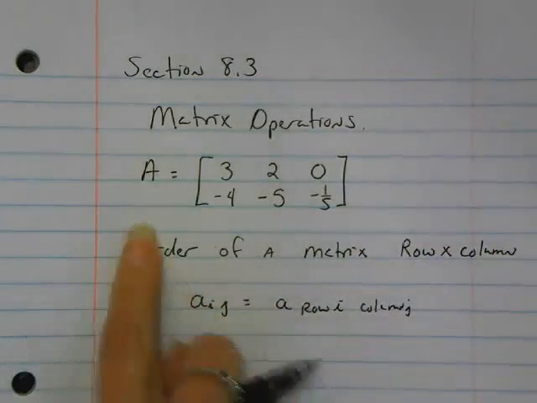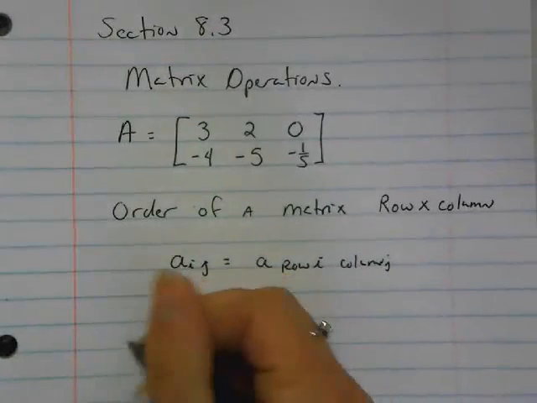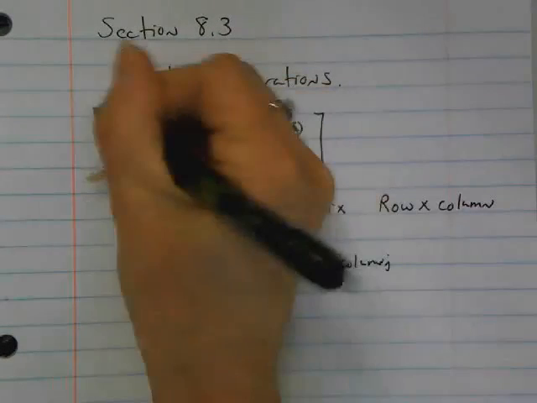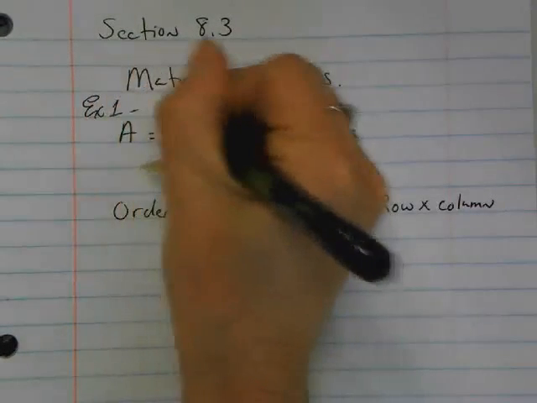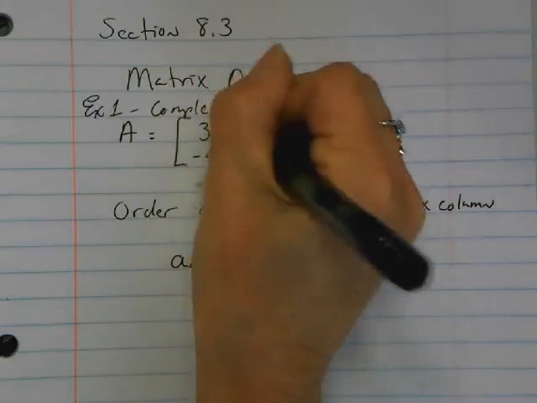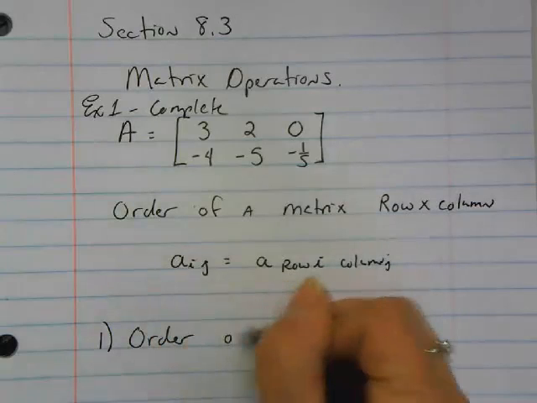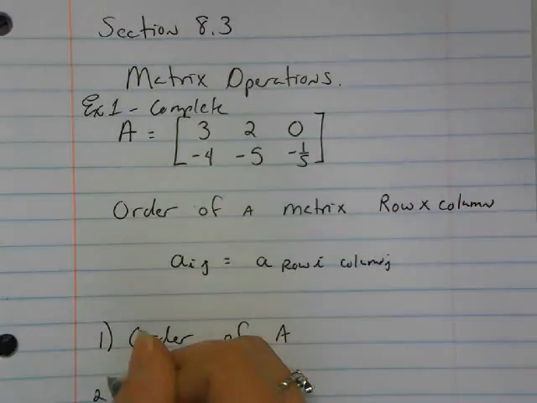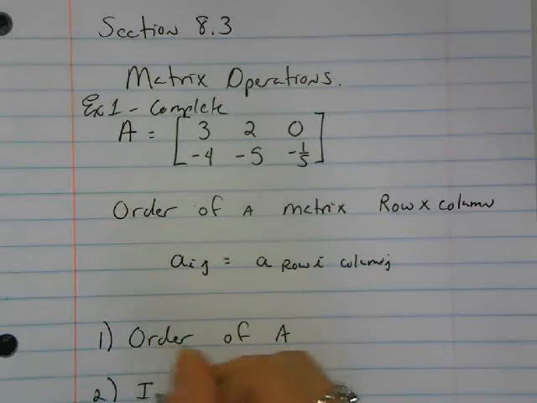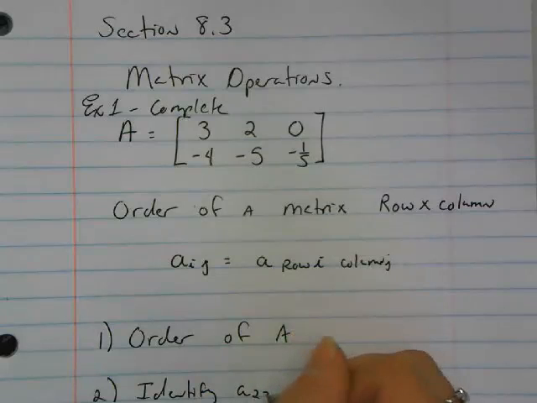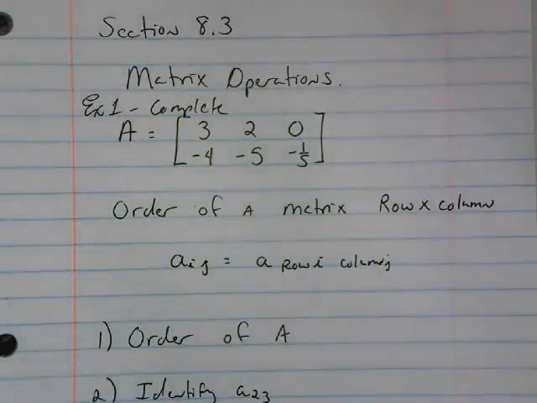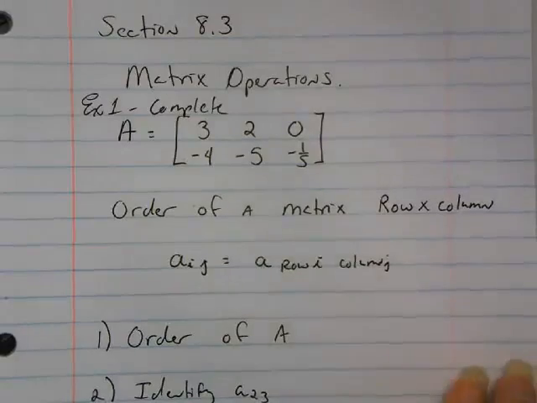For example, for the matrix I've just given you, what's its order? Let's call this example 1. The order again is rows by columns.